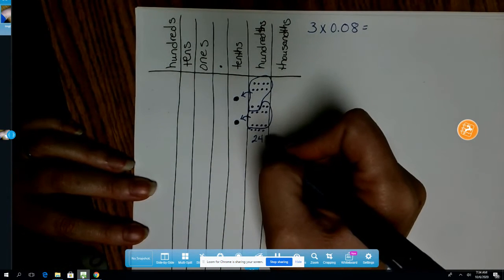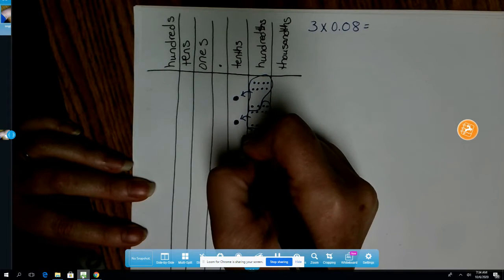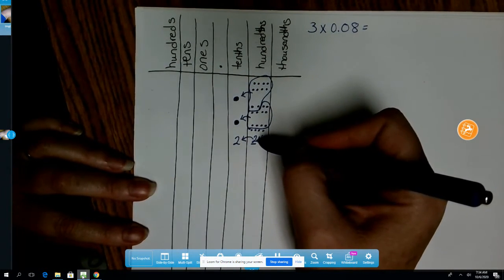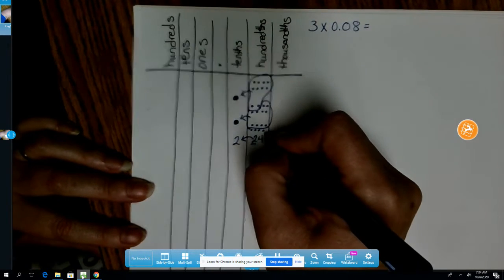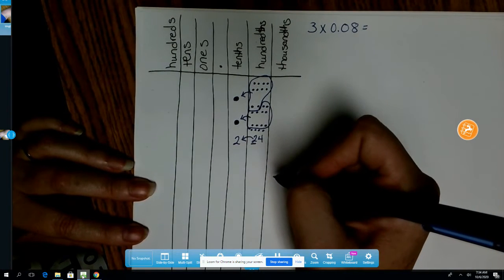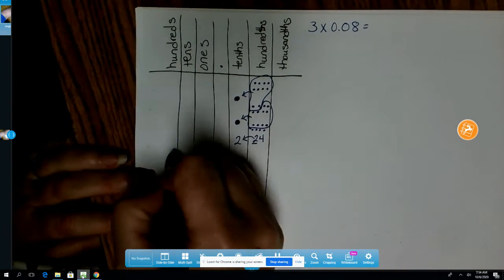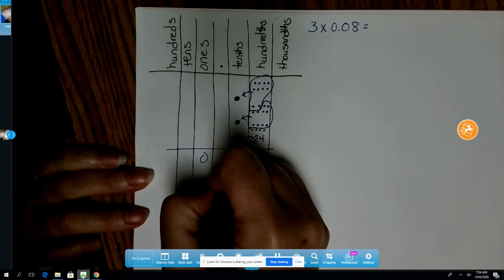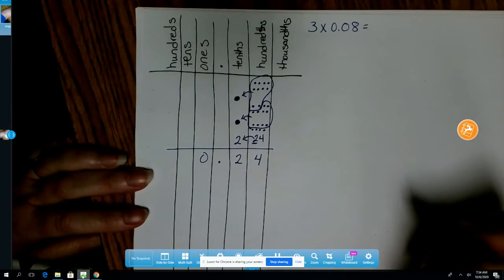And there are 4 left over. So now this 2 moves here because this 2 is representing 2/10. And there are 4 of the hundredths left over. And so that tells me what my answer is, which is 24 hundredths.